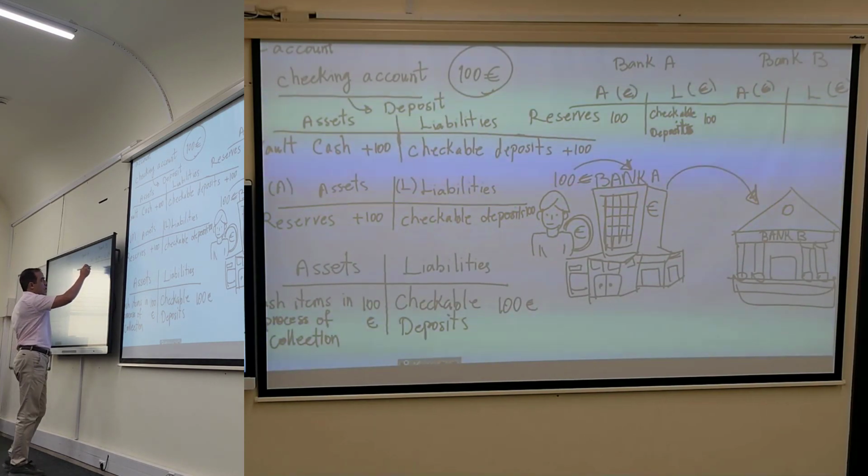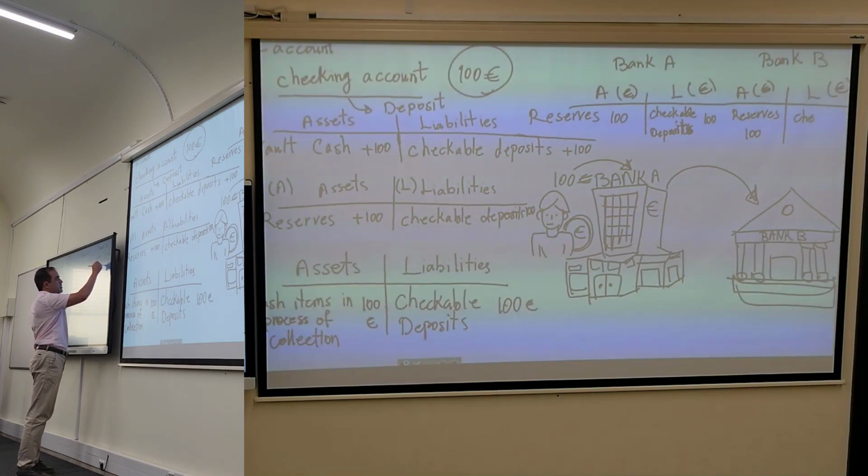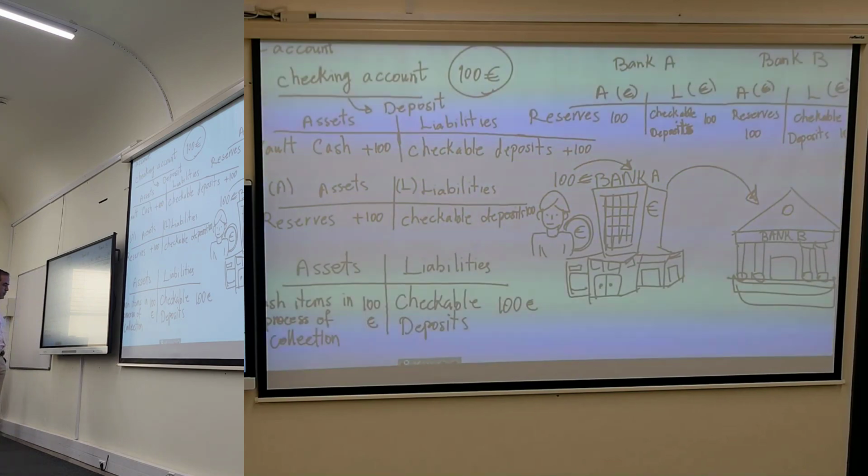Again, for bank B, we have the reserves 100 and checkable deposits 100. Okay?